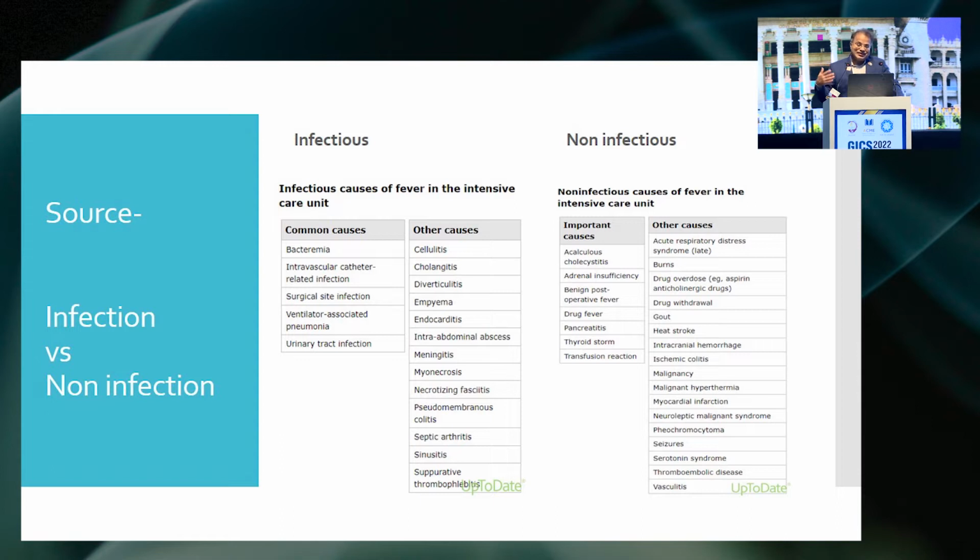If it is non-infectious fever, most of the time your patient will not worsen that fast or become unstable, and maybe he will clinically look good. So if you are continuously observing your patient with fever, particularly noting his facial expression, that may give you a clue to differentiate between infectious and non-infectious.